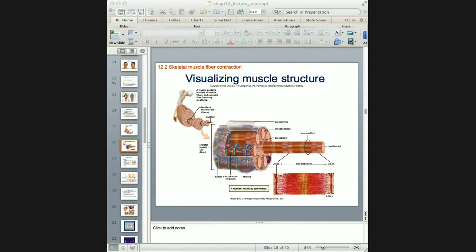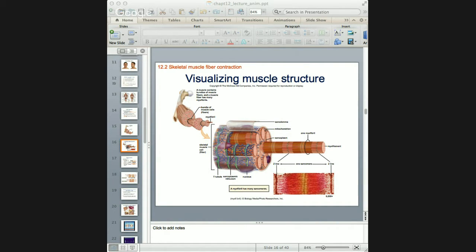And inside each of these muscle cells, you have myofibrils. So you start off with the whole muscle, and then you have bundles of fascicles, and each fascicle contains several muscle cells, and each muscle cell has myofibrils.